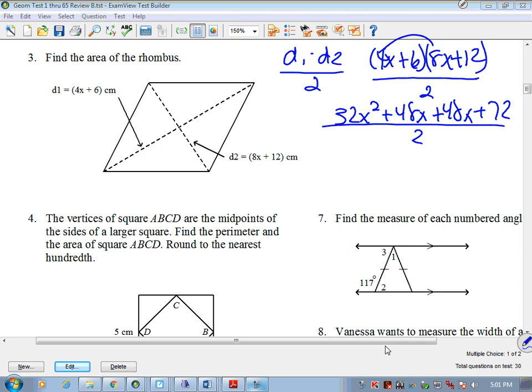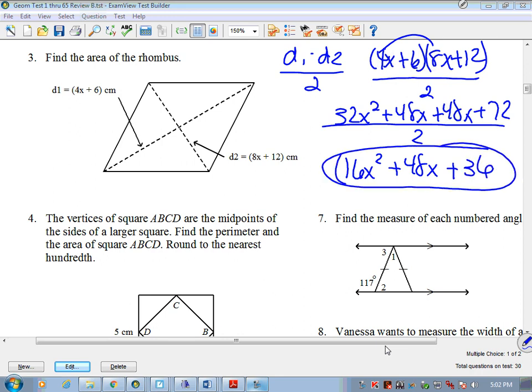We'll take all that and divide by 2, which is going to leave me with 16x squared. 48 and 48 comes out as 96, but 96 divided by 2 comes back to 48x, and 72 divided by 2 is 36. So this is our answer in centimeters squared. 16x squared plus 48x plus 36 centimeters squared is our answer, and that's our work.